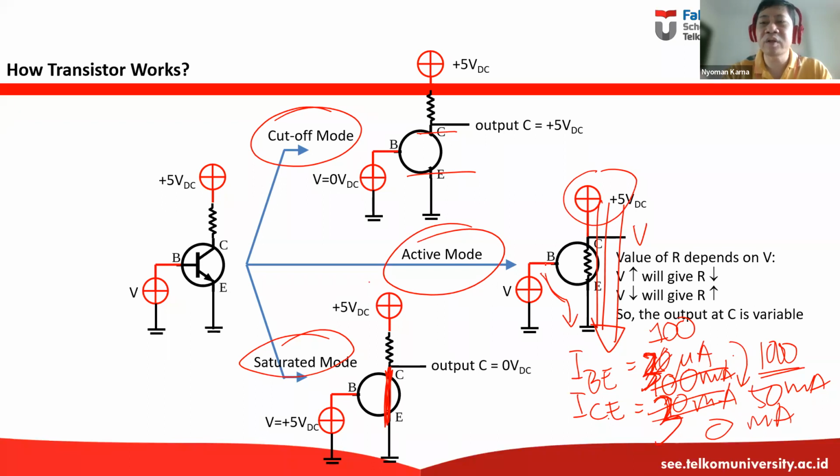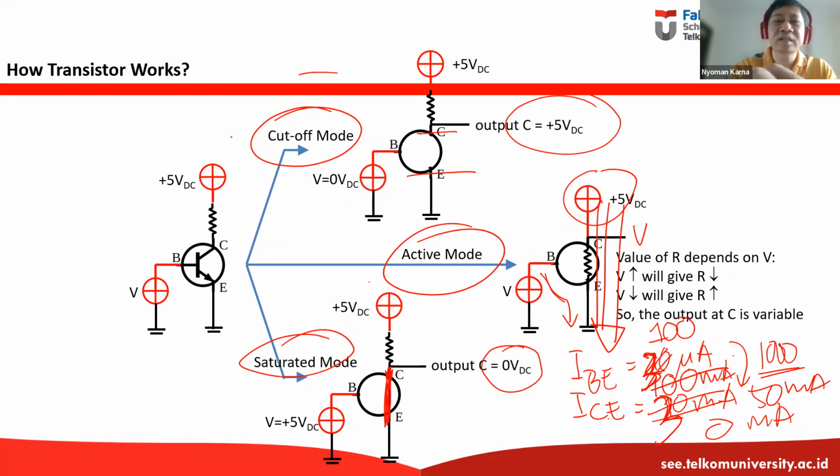But in cutoff mode, the output voltage will definitely become 5 volt. And in saturated mode, the output will definitely become 0 volt.